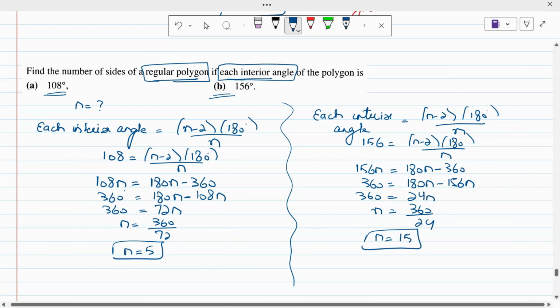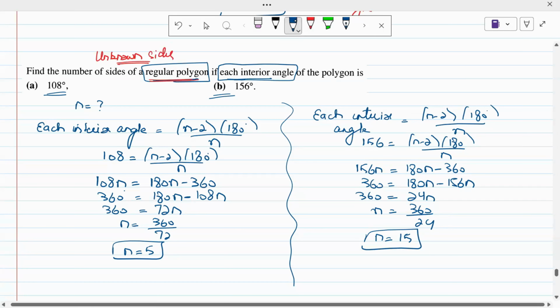So this example was about a regular polygon where we were supposed to find the unknown sides. Remember, it's a case of unknown sides for a regular polygon.